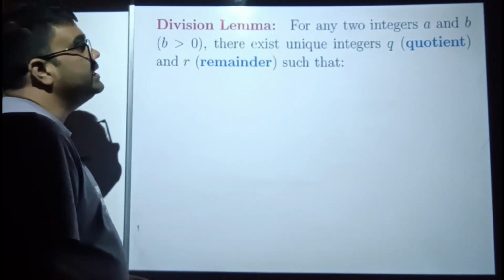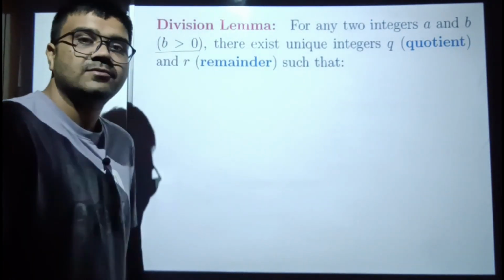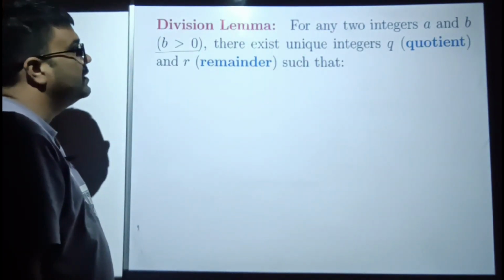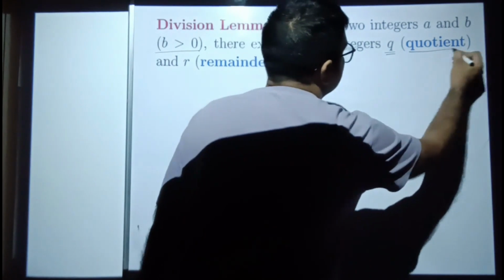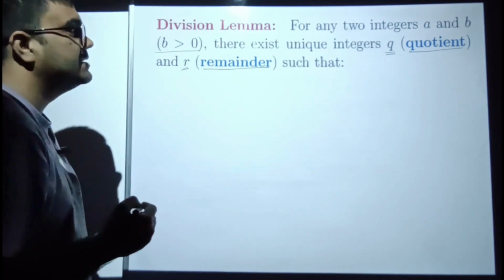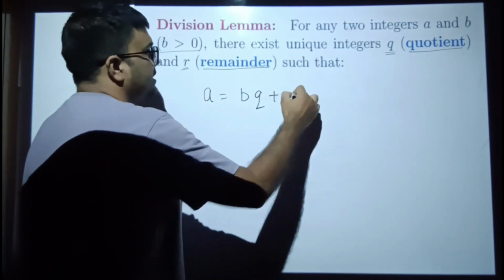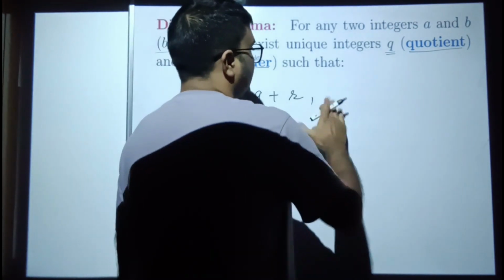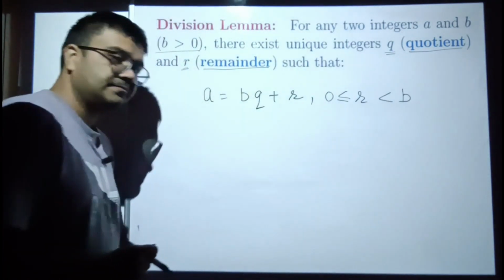Suppose there are two integers a and b, and it is given that b is greater than 0. Then the division lemma says that there exists a unique integer q, called the quotient, and another integer r, called the remainder, such that a is equal to bq plus r, where r is greater than or equal to 0 and less than b.